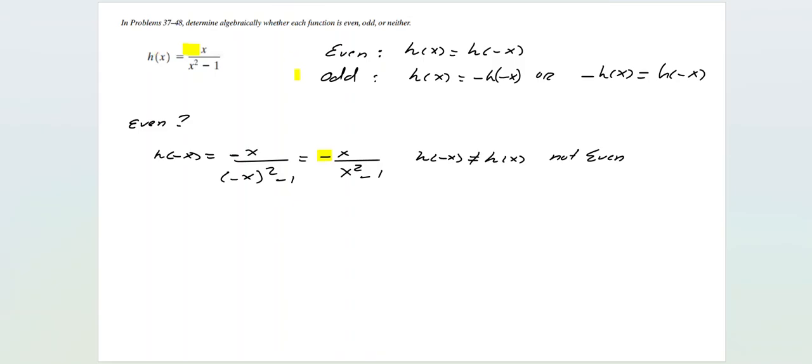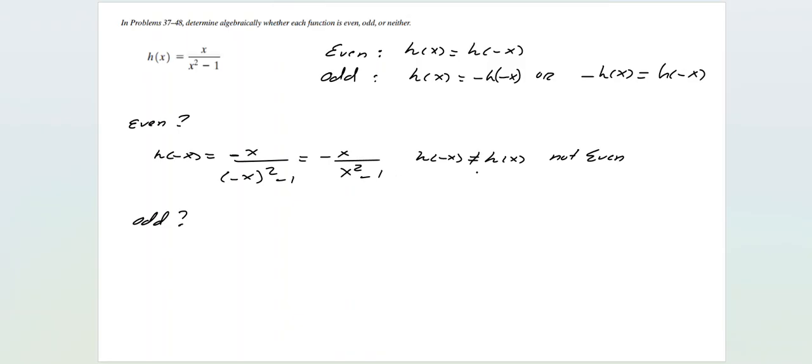Once you find out that the function is not even, it's now easy to evaluate if the function is odd, because you know that to have a function that is odd, what you have to do is to demonstrate that h of x, the original function given, is equal to minus h of minus x.